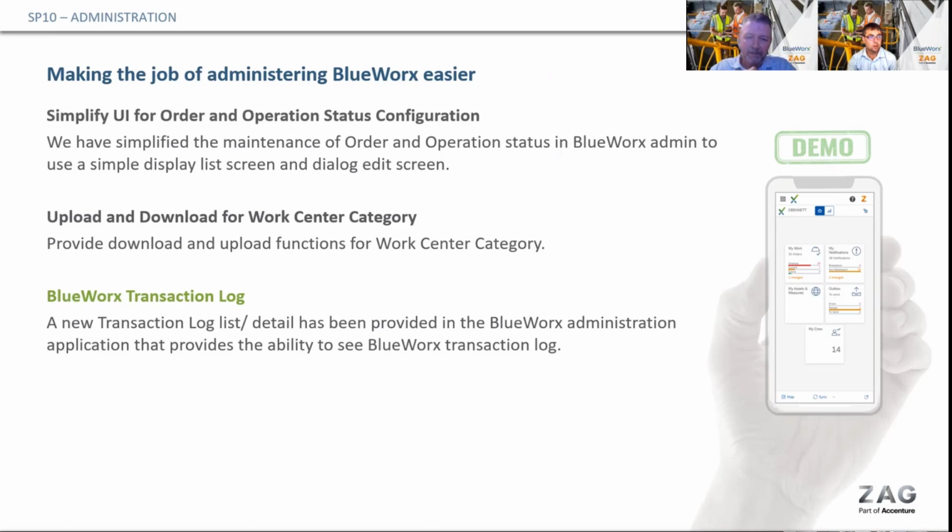We've provided, based upon feedback, the upload and download for Workcenter categories. It was one that we were missing, but it's just a bit of a shout out because one of our customers asked for that one. And we've also added the ability to see a BlueWorx transaction log.